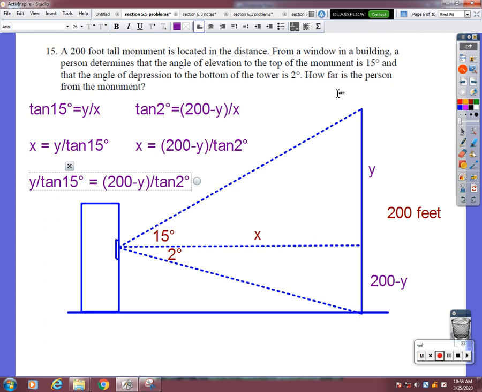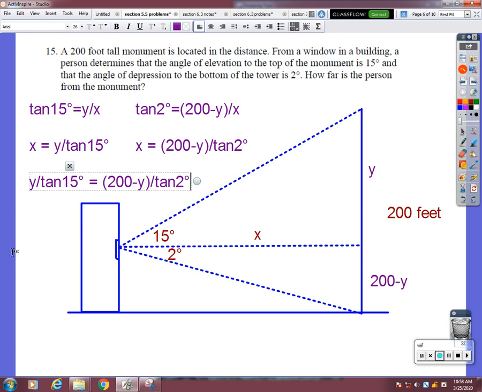And so the algebra here isn't really that bad. It's just kind of a mess because these things right here aren't whole numbers. But what I'm going to do is cross multiply. So this y is on top, this tangent of 2 is on the bottom.